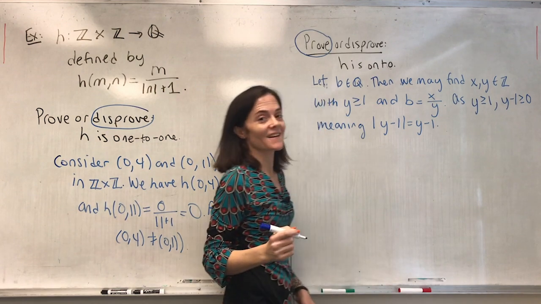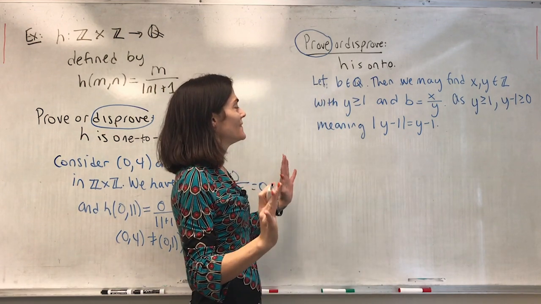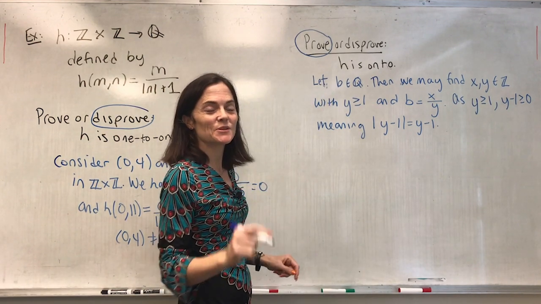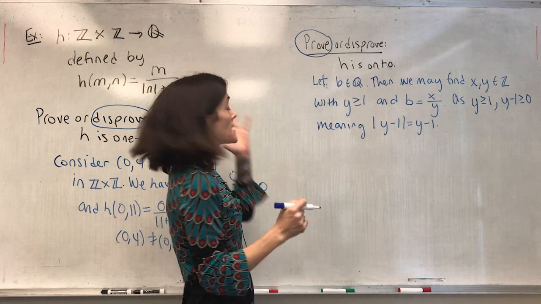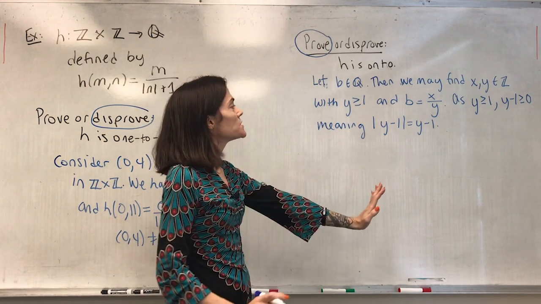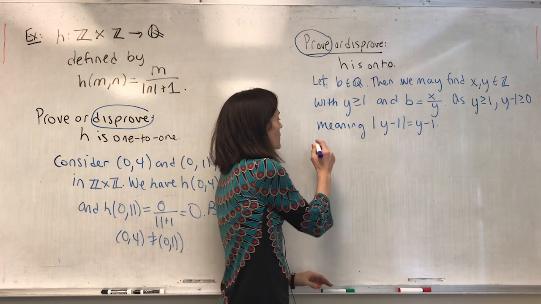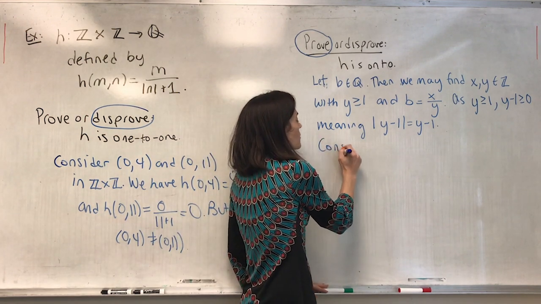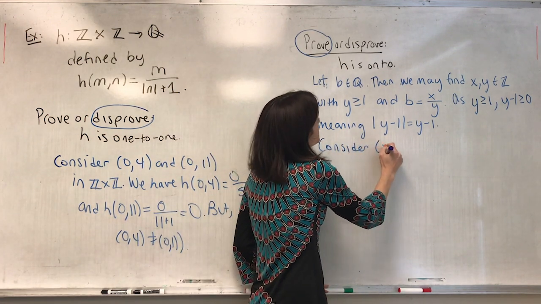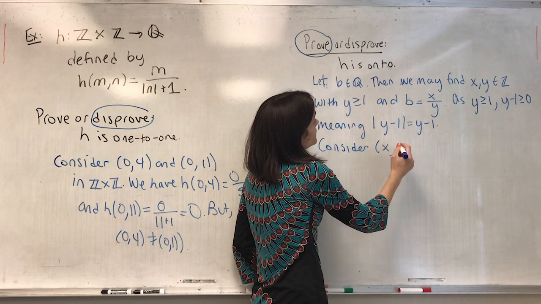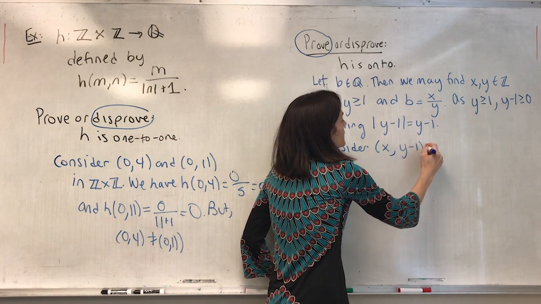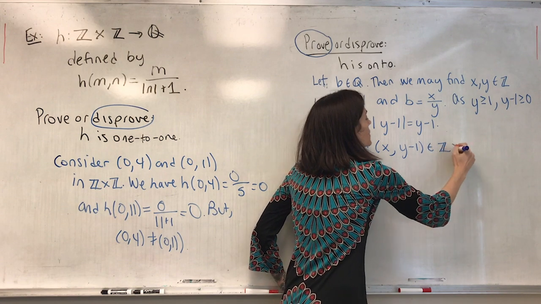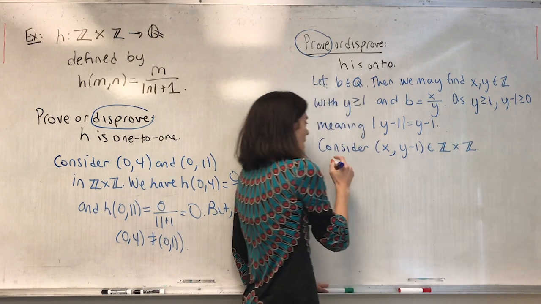That's what I know for non-negative numbers. Okay, now I have everything ready to find my element in Z cross Z that maps to this little b. Consider my element will just be (X, Y minus 1) in Z cross Z.